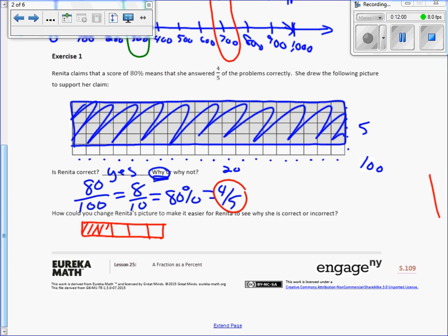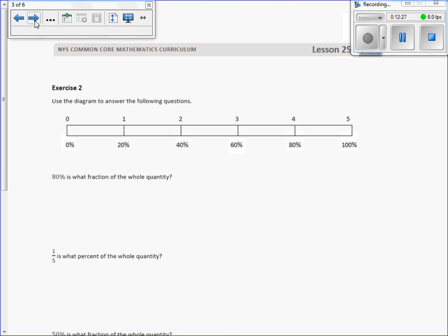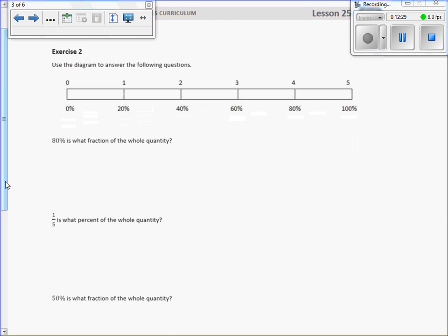And shade 4 of them. There's many answers to that question. There's many ways we can do these things.